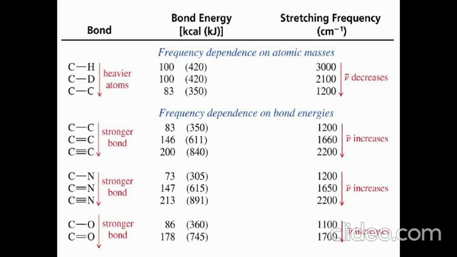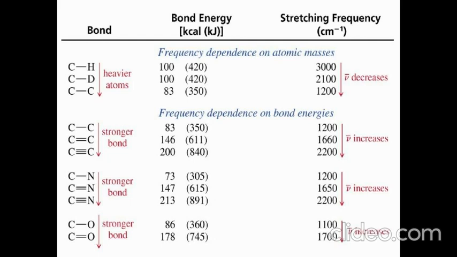The lower the mass, the higher will be the frequency, so out of CH, CD and CC, hydrogen has the lowest mass, followed by deuterium, and the heaviest is carbon. Therefore, according to Hooke's law, the highest frequency or wave number will go to carbon-hydrogen, followed by the carbon-deuterium bond, and the lowest frequency or wave number will be seen for the carbon-carbon single bond.